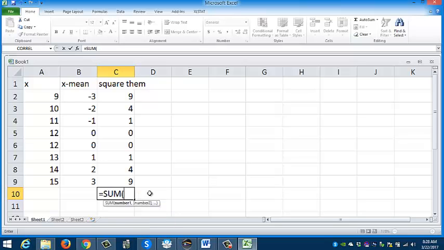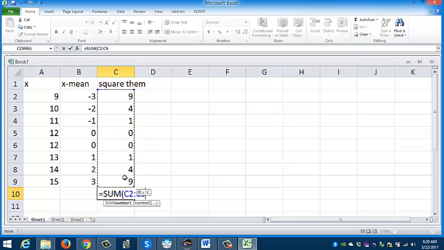it gives me a capital SUM, because that's like a command, and then it has an open parenthesis. And it's asking me, what is it that you want to add? So now I'm going to highlight all the cells I want to add.